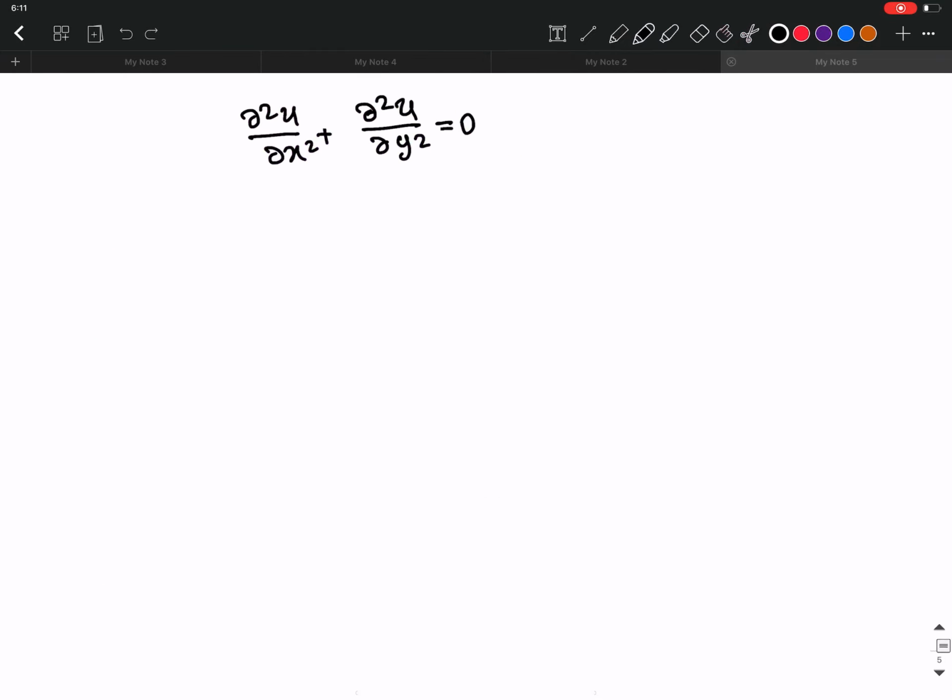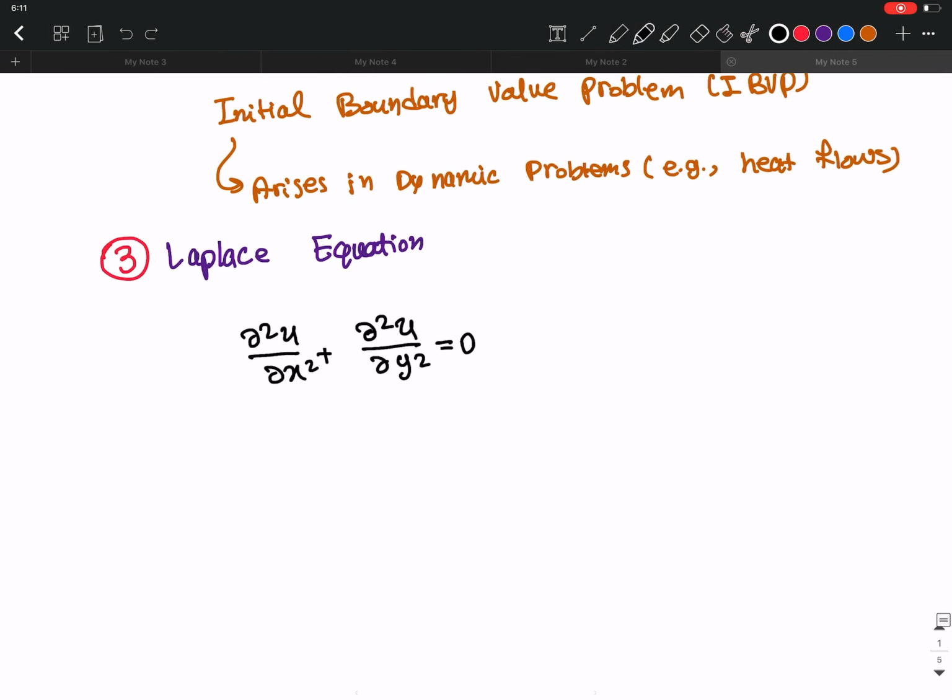So a equals 1, b equals 0, and c equals 1. So b squared minus ac is going to be minus 1, which is less than 0.